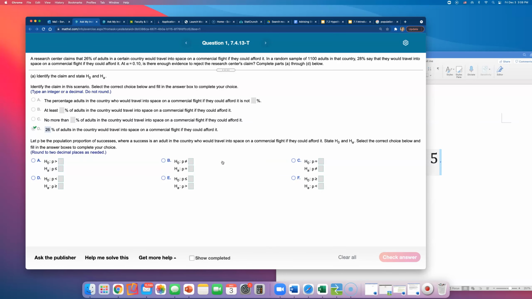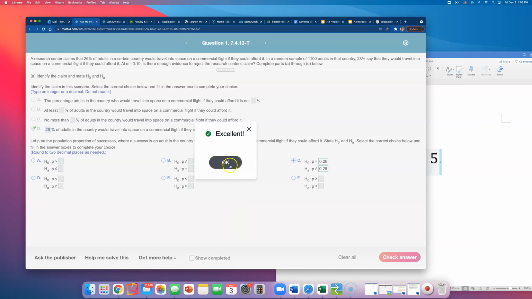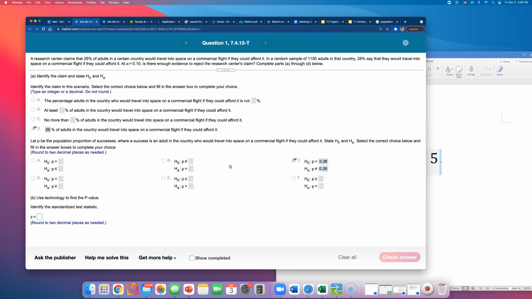If we write that in symbols, we're saying that p is equal to 0.26, and the alternative automatically has to be the opposite of equal to, so it's going to be not equal to. That's how we can easily identify the claim and the hypotheses. They want us to use technology to find the p-value.